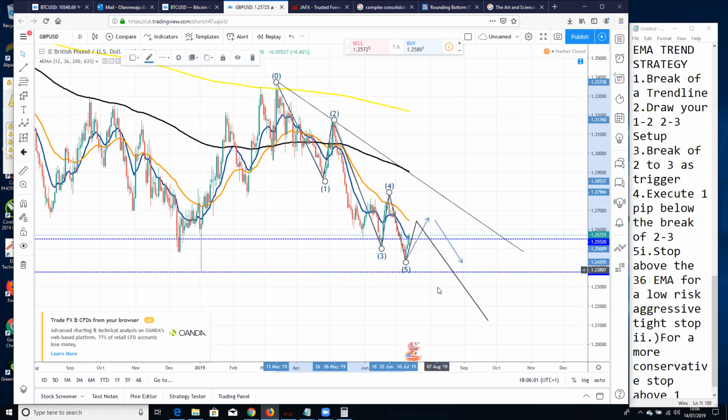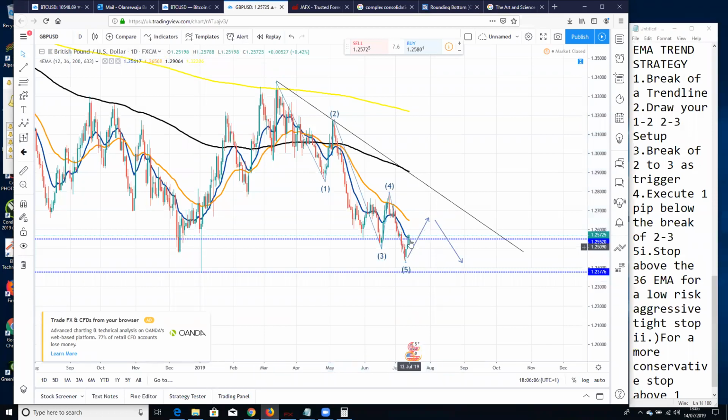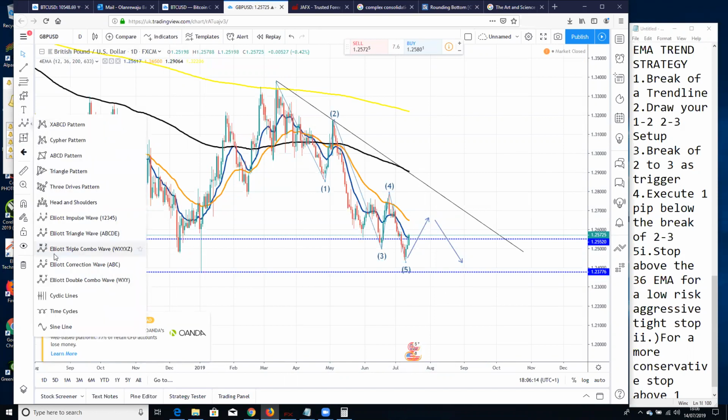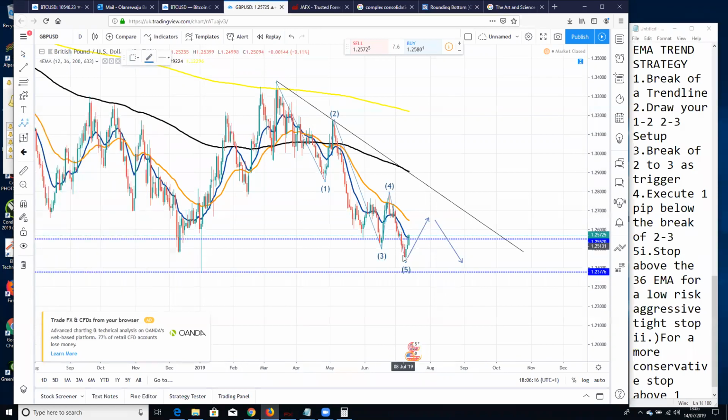We can see the push to this 36 EMA because we've completed the 5-wave cycle. From this wave 5 that can give us another 0 to A to this 36 EMA, right? A to B, and then that B will be pushing us to this particular trend line.